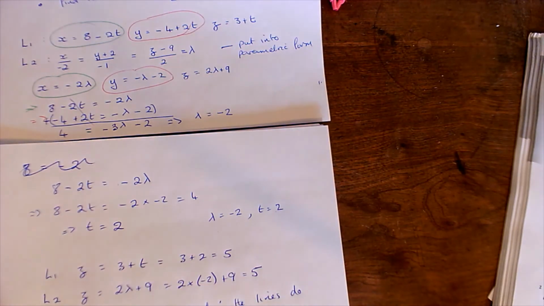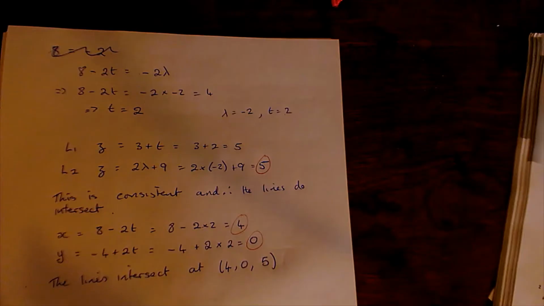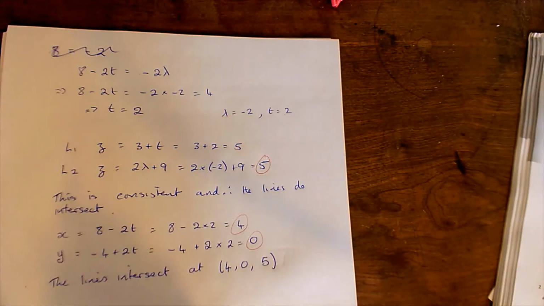We can work out the x coordinate and the y coordinate using either of these 2 systems. So x equals 8 minus 2t, and then you can substitute in, equals 8 minus 2 times 2 equals 4, work out the y value, and then that gives you the coordinates of the point where they intersect.